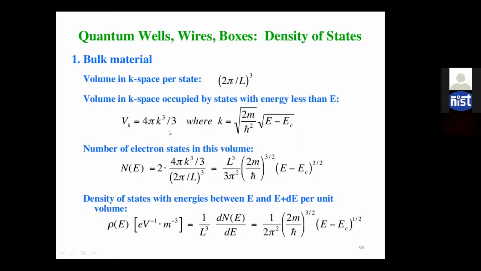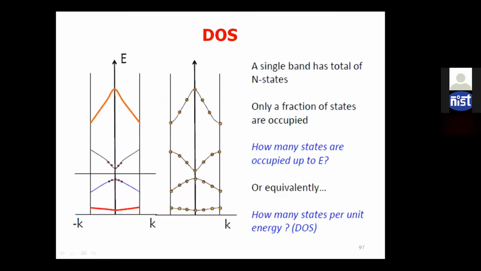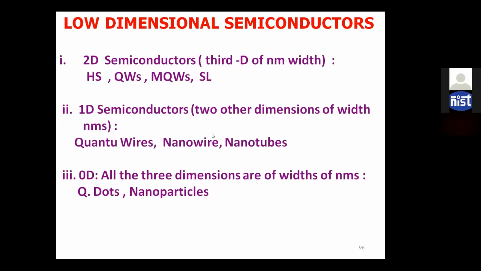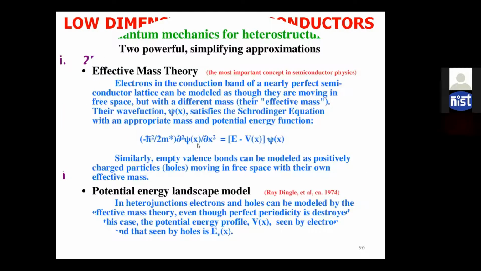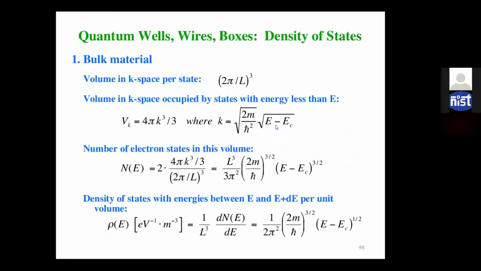What is that k? You get this k from Schrodinger's equation. If you simplify it, del square psi by del x square equals minus 2m star by h cross square times E minus Ec, a second order differential equation, and from there k equals the square root of 2m by h cross square times E minus Ec.